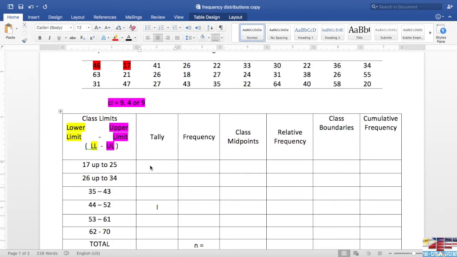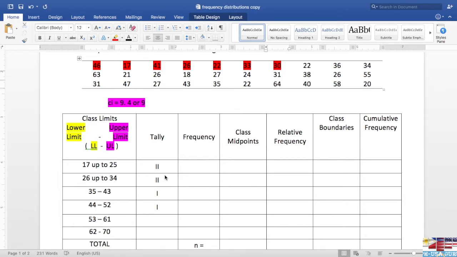It's between 17 to 25. Then 41, it's here. 26, it's on the second class limit. 22, and then 33, it's here.